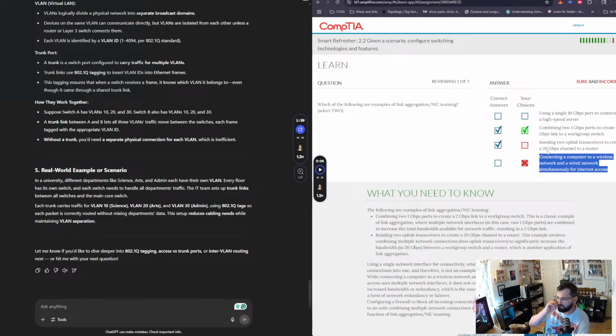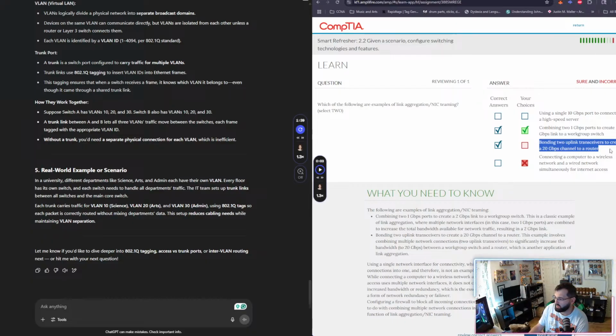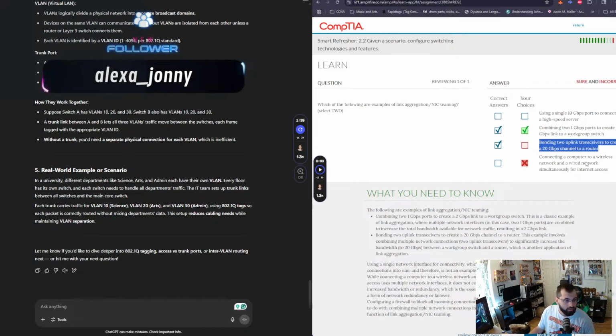I think when I look at these, I get confused because it highlights all three of these, and then I think that I get it confused. So it's bonding two uplink transceivers to create a 20 gigabyte channel to a router. That's deceiving because it's not telling you what the two uplink transceivers are to guarantee that.